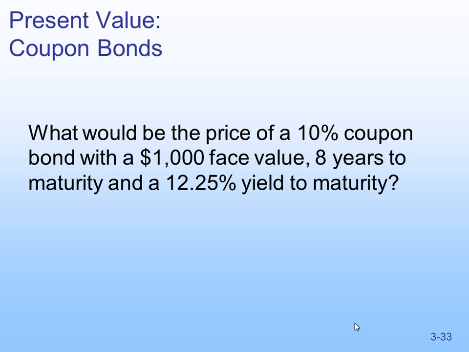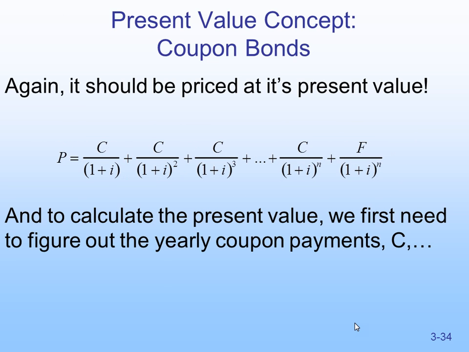And we know it has a yield to maturity of 12.25%. Well, conceptually speaking, this bond should also be priced at its present value. We should price it at its present value. What is that? It's that mess with n equal to 10.